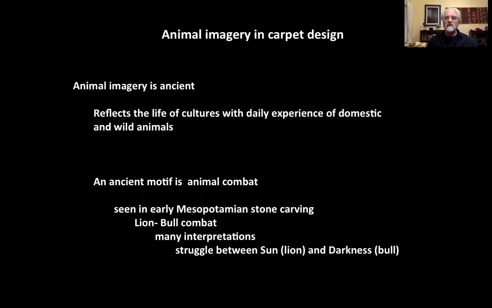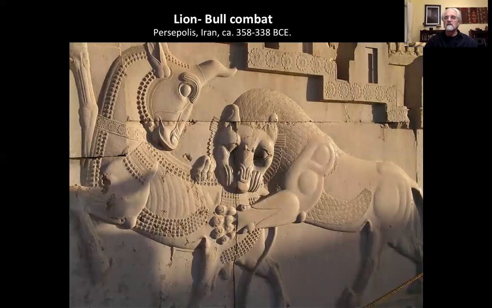But before you reflect on your own sympathies for the animal that's being attacked and about to be devoured, I should point out to you that these combat motifs actually come out of a symbolism. The lion, for example, is regarded as a sun symbol, and the bull of the earth is regarded as a mark of the dark. And so this is a contest between light and dark, as you can see here.